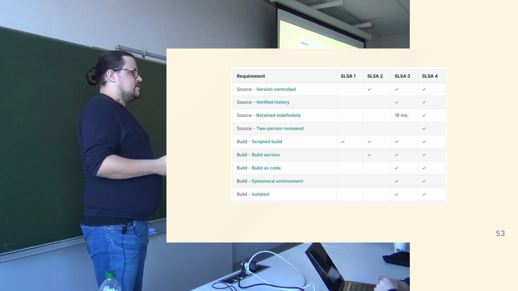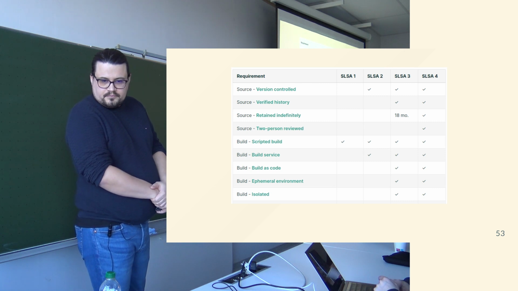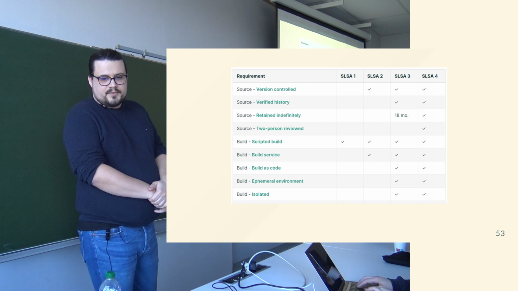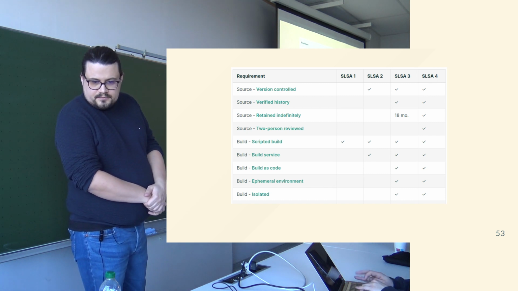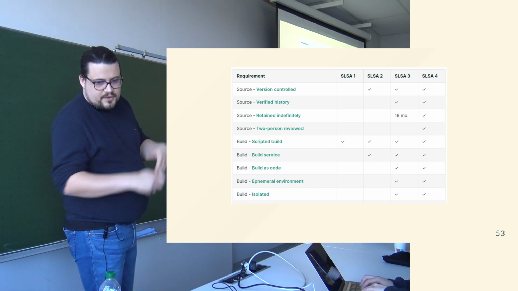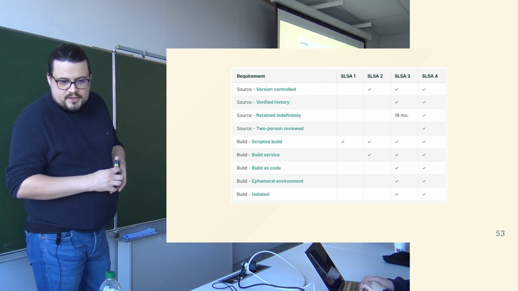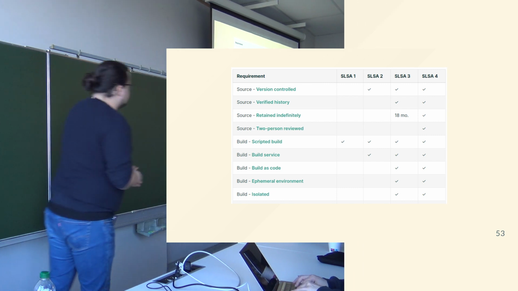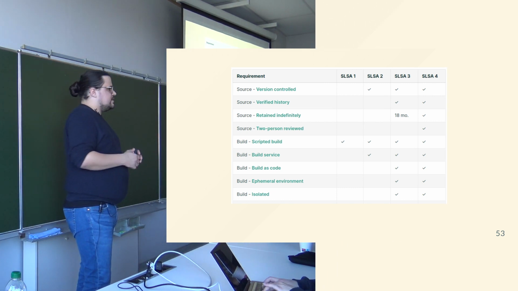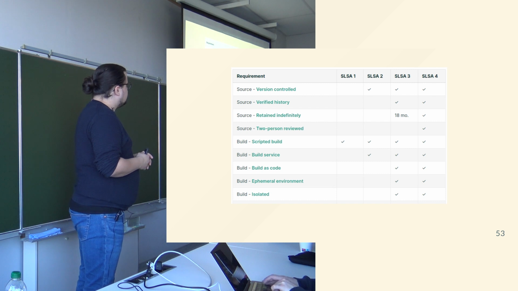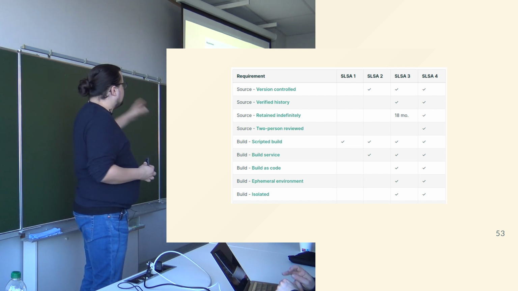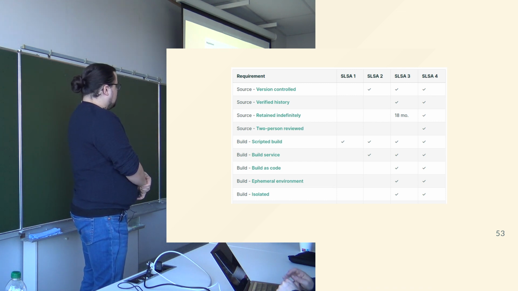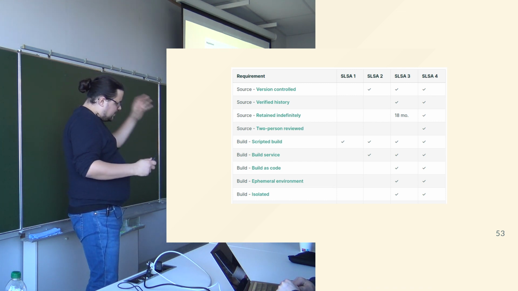So you need to automate everything, and you need to use a build service. That means it cannot run on a laptop, basically. And then for level 3, everything should be described as code and in an ephemeral environment. That gives you a list of items, and the good thing is that it allows you to prioritize things. Given the huge amount of problems, it gives you a starting point.